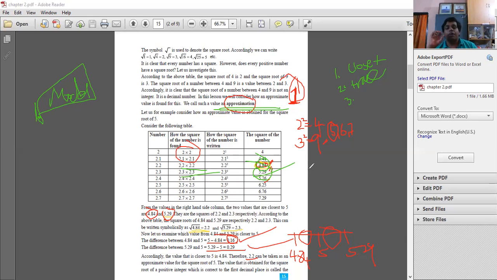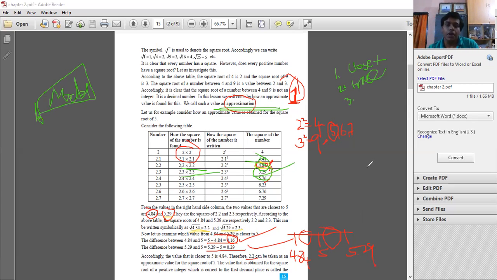So the square root of 4.84, which is 2.2, can be approximated, not the real value, approximated as the square root of 5.